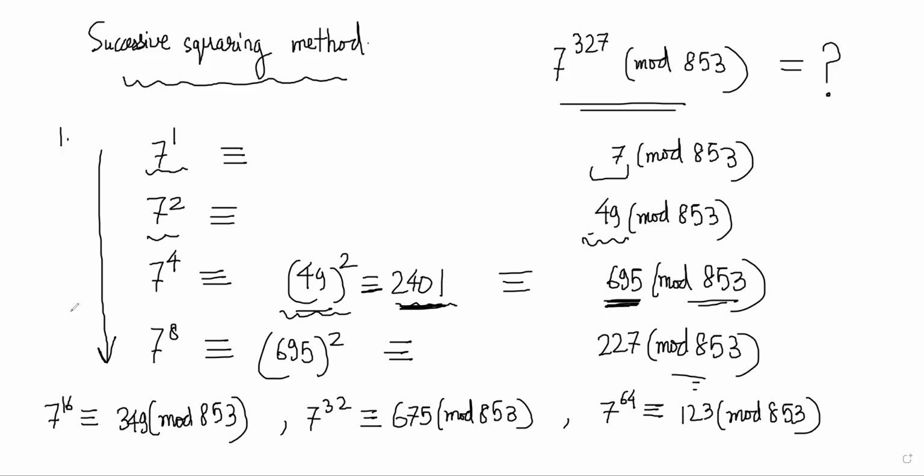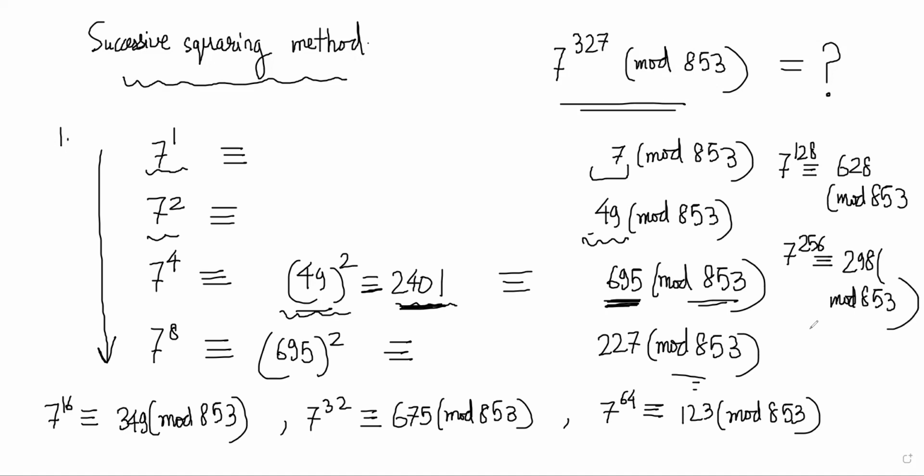And similarly, we can find 7^128 and 7^256 also. 7^128 comes out to be 628 mod 853, and 7^256 comes out to be 298 mod 853.